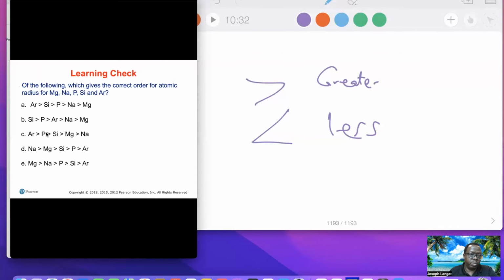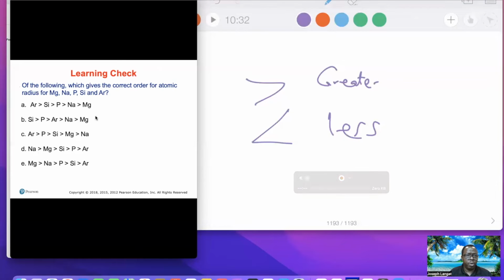If I use the elimination method, argon should be the least, so we should cancel out A and C, because phosphorus or argon cannot be less than. So A and C will go. If I look at sodium being greater than magnesium, silicon, the correct answer is D. The correct answer is D.